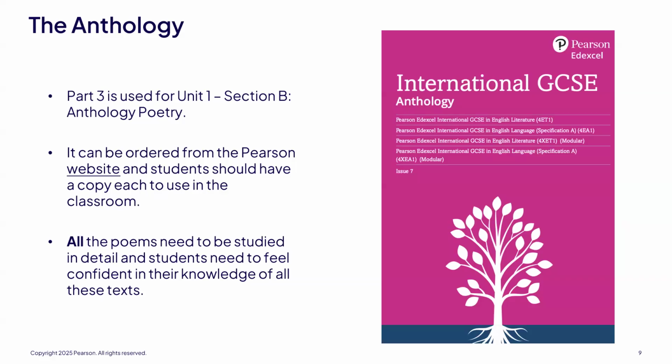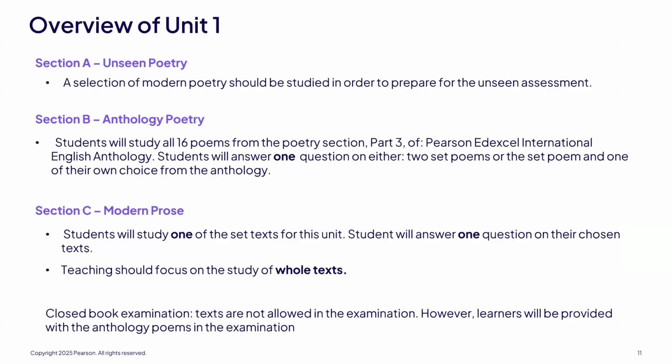Okay, so moving on then to the set texts. We'll be seeing this next slide again later on in the training, but this is just our overview of Unit 1. So the unseen poetry, how do you prepare students for that?